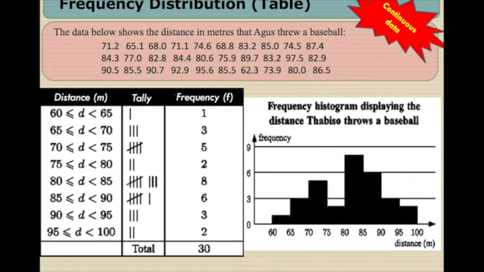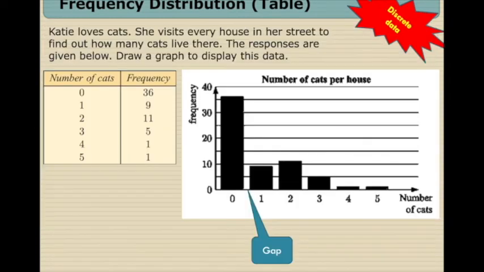Let's take a look at another example. Here is from discrete data, and notice the difference. In discrete data, there are gaps between bars, and this is called a bar chart or column graph.